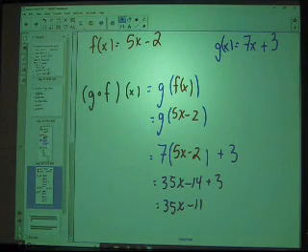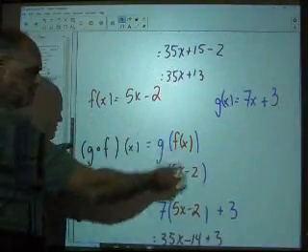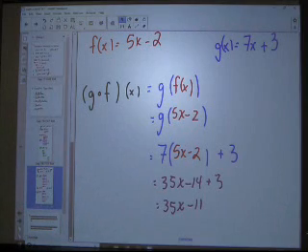You want to know I can do math correctly, don't you? Were they the same answers? No. I mean, I got the 35x, but were the constants the same? No, they're not. So, rarely will we get exactly the same answer from composition. Sometimes we'll get something very different. But this is the operation composition.